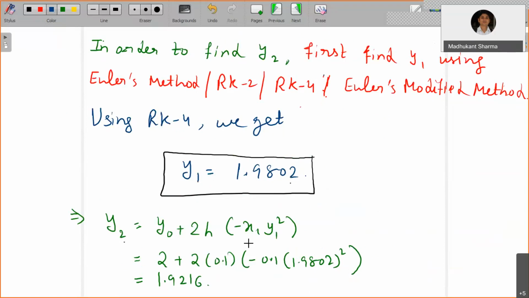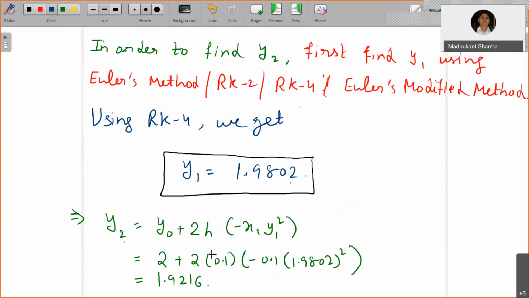If you substitute fully, the result is going to be 1.9216, which is more accurate than Euler's method.